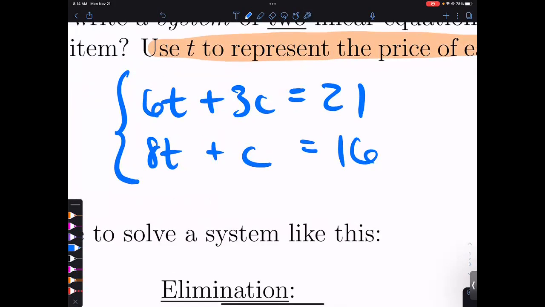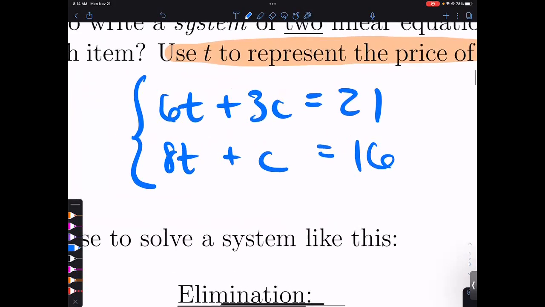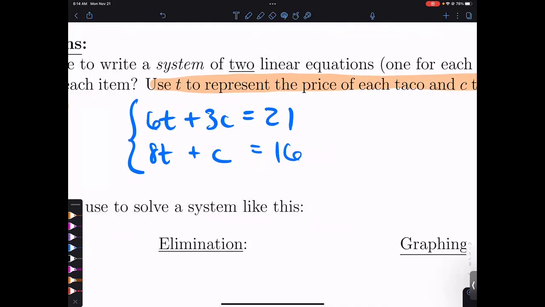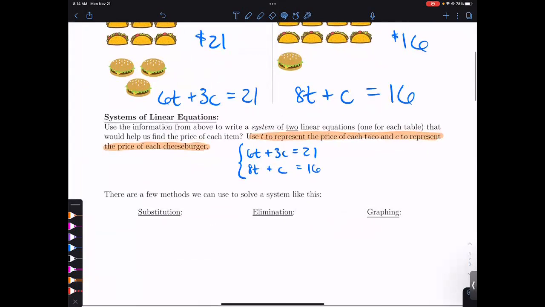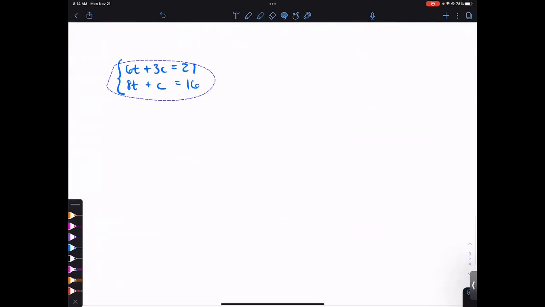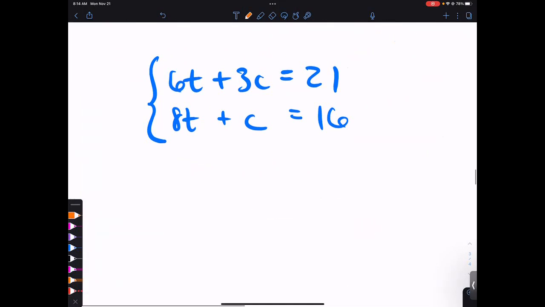So Sean says subtract everything just like it is right now. Let me go somewhere where we've got a little more room. Okay, everything's already lined up in like terms.